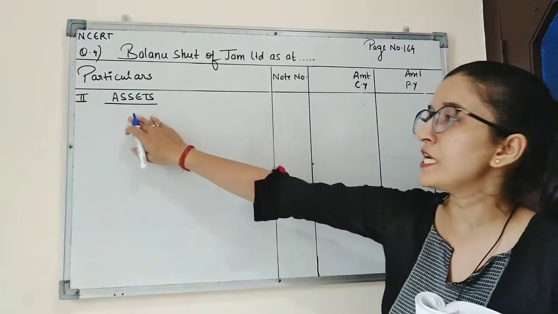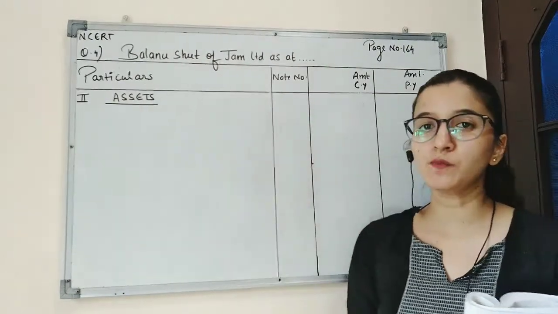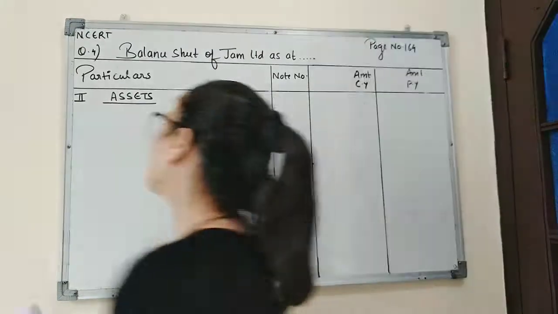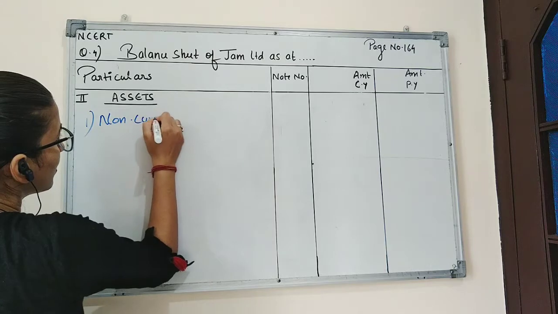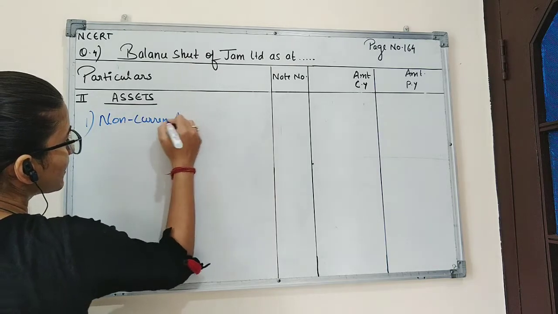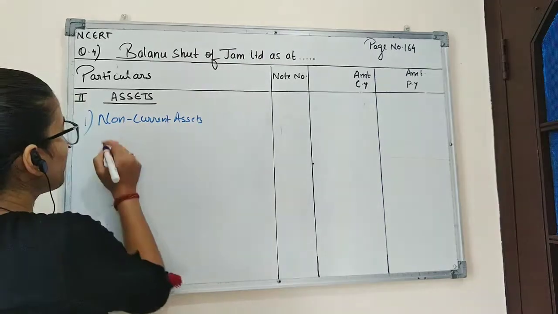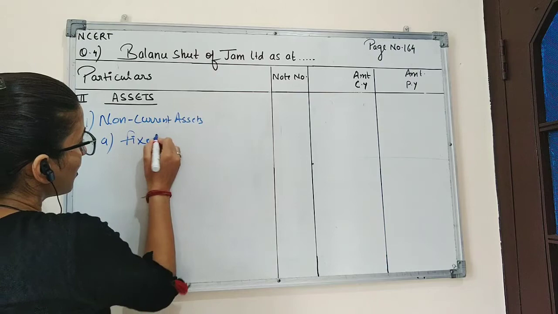So the second major heading of balance sheet is assets, and we know that in asset there are two parts. First is non-current asset and second is current asset. So first part is non-current asset, and under non-current asset there is a sub part which is fixed assets.